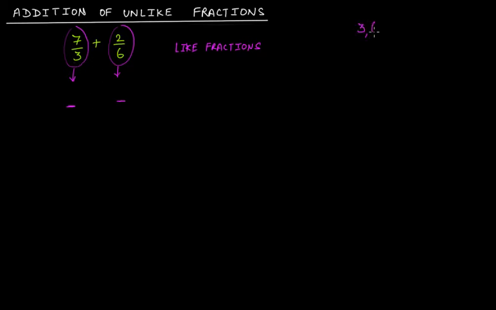If this is 3 and this is 6, first you have to start with 2. 2, this will be 3 only, this will be 3, and then 3. So LCM is 2 times 3, that is 6.